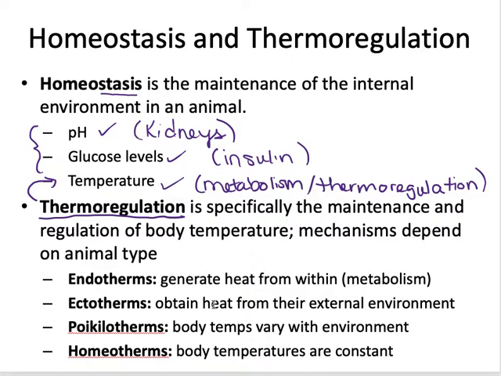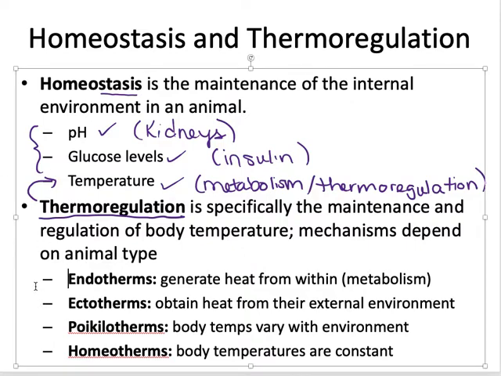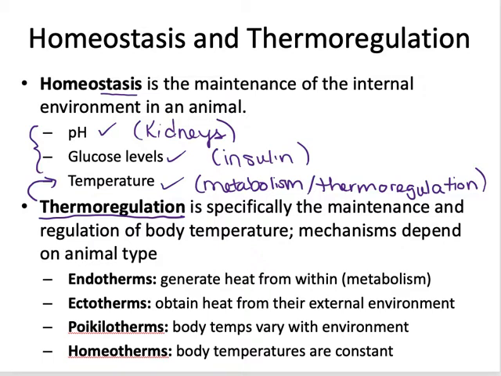Ectotherms are colloquially called cold-blooded. They obtain their heat from their external environment. And so endotherms are typically homeotherms, but that's not always the case. So an endotherm can be a homeotherm most of the time.